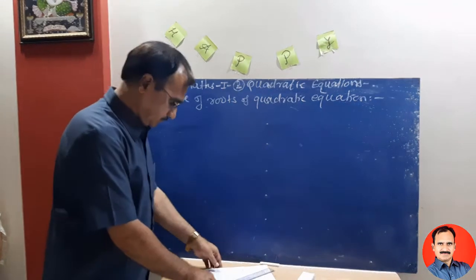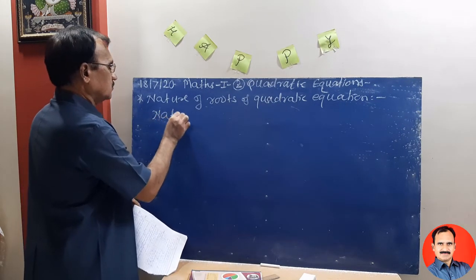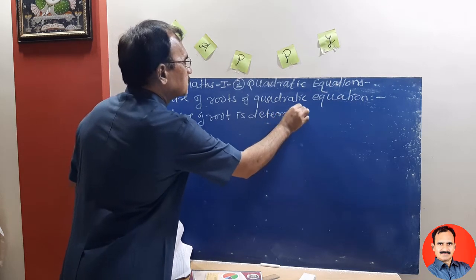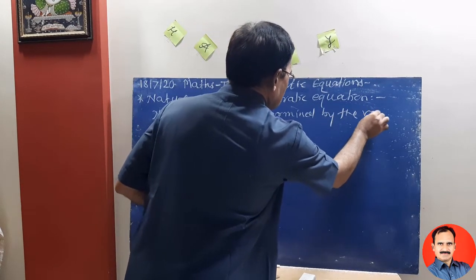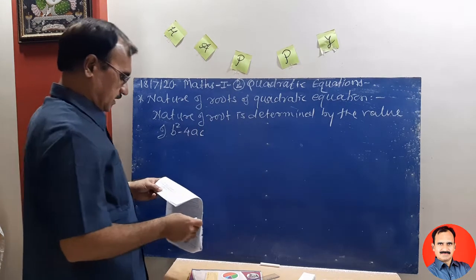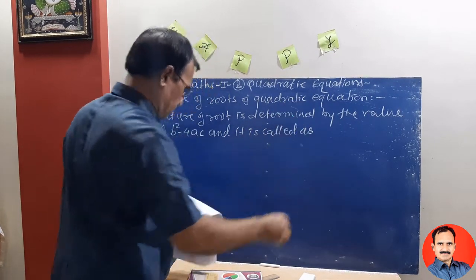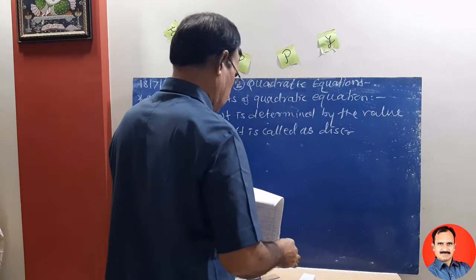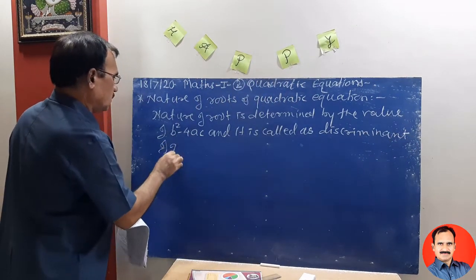Okay? Now write down. Nature of roots is determined by the value of b square minus 4ac, and it is called the discriminant of the quadratic equation.